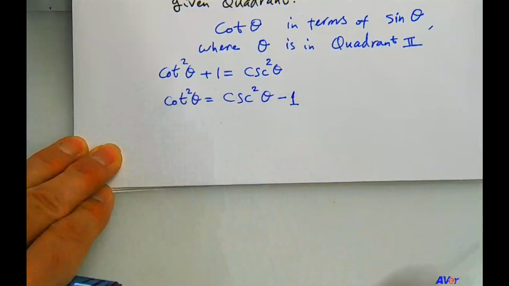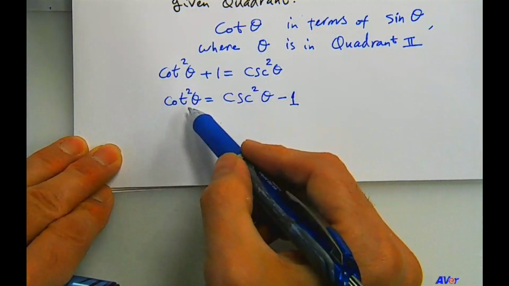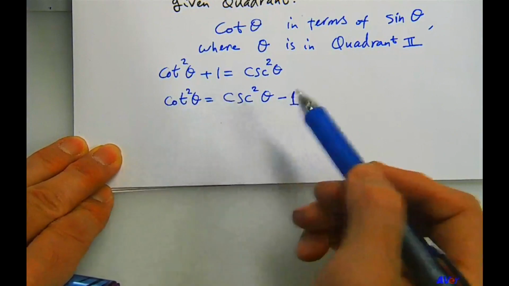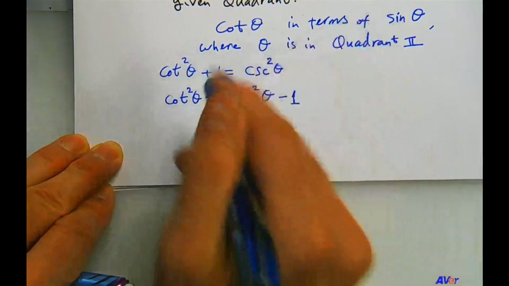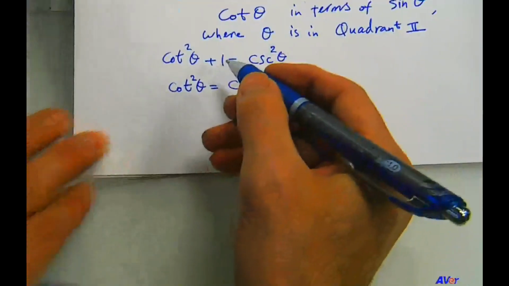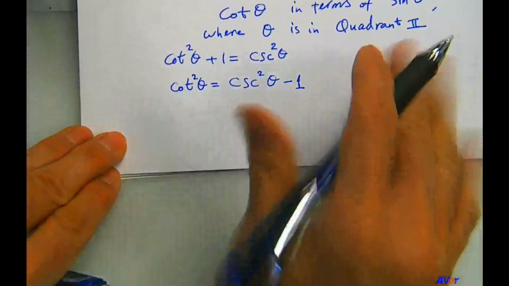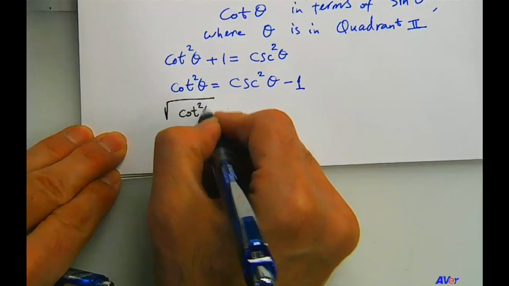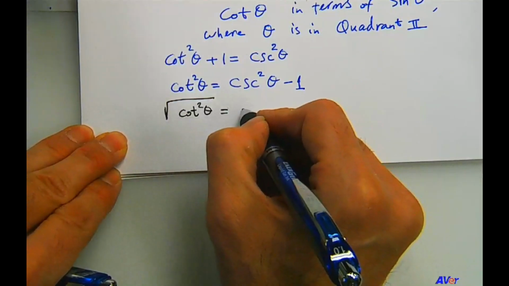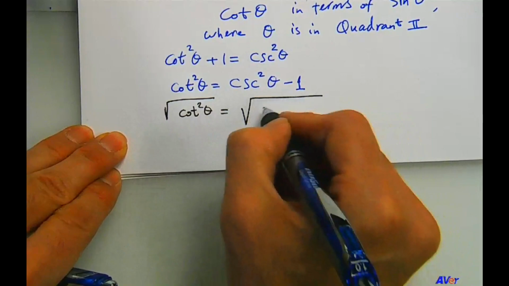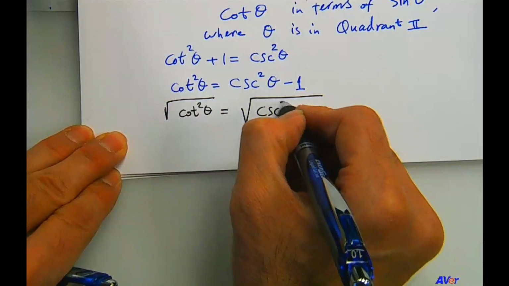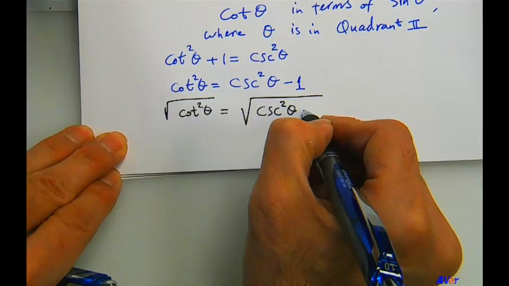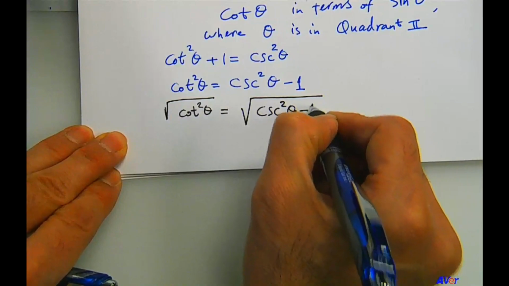But we want cotangent theta, so we need to take the square root of both sides, right? So square root of cotangent squared theta equals square root of cosecant squared theta minus 1, right?